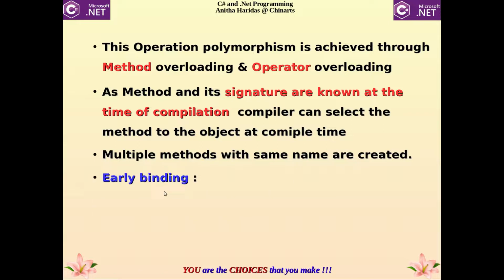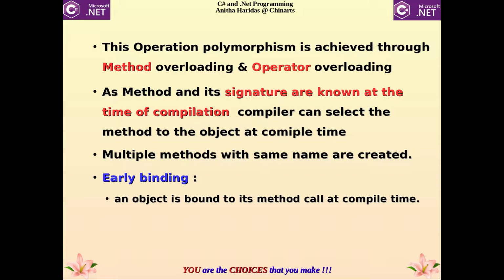We term operation polymorphism as early binding. Why is it called early binding? An object is bound to its method call at compile time itself. So during the compilation process itself, an object will be bound to its method call.